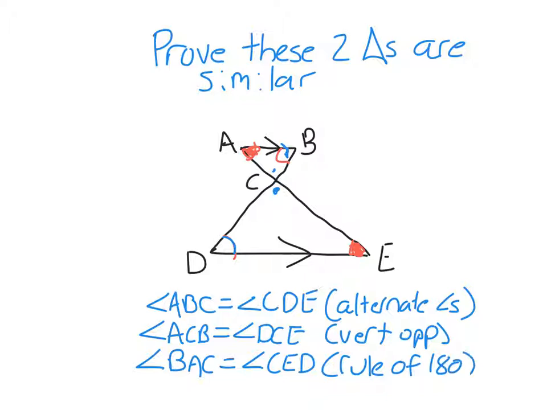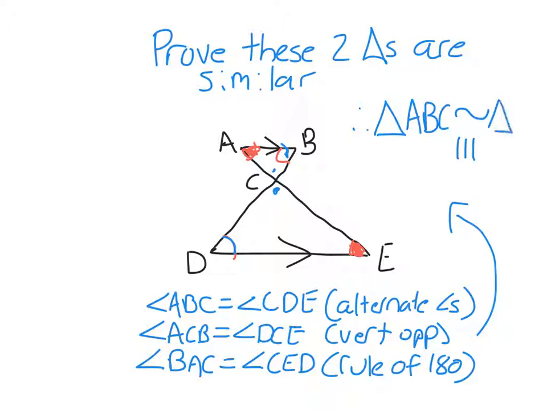Okay, so when you've got three things, just like for congruent triangles, then you need to write a similarity statement. So I'm going to do that up here. So you say, therefore, triangle ABC is similar to, and you can use either symbol for similar, doesn't matter. Now, to write the second triangle, remember vertices have to line up. So this angle at A is equal to this one here.